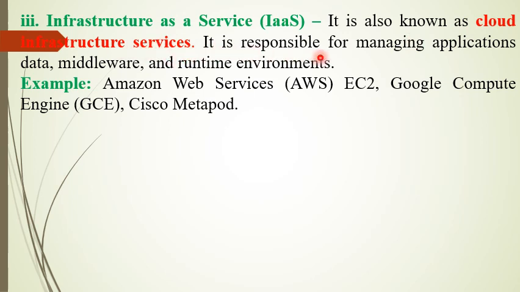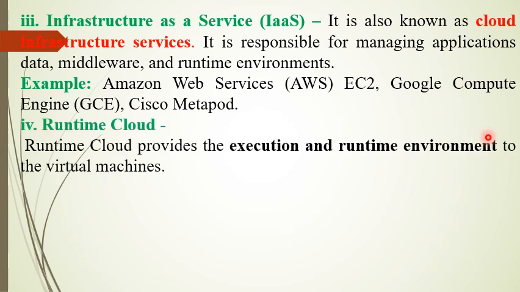It is responsible for managing applications, data, middleware, and runtime environments. To give an example, we have Amazon Web Services. We also have Google Compute Engine and Cisco Metapod. Those are some of the examples of infrastructure services.